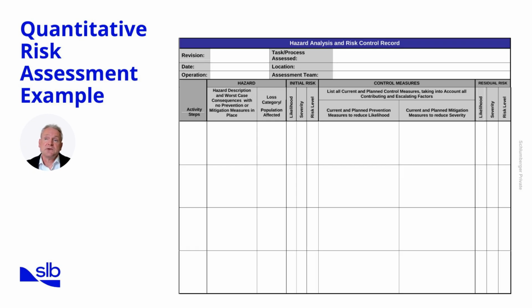Finally, the residual risk section recalculates likelihood, severity, and overall risk after controls are applied. This provides a clear before and after comparison, showing whether risk has been reduced to an acceptable level. By working systematically across the HARC, teams can ensure hazards are identified, controls are documented, and residual risks are minimized. Now let's look at a real example.